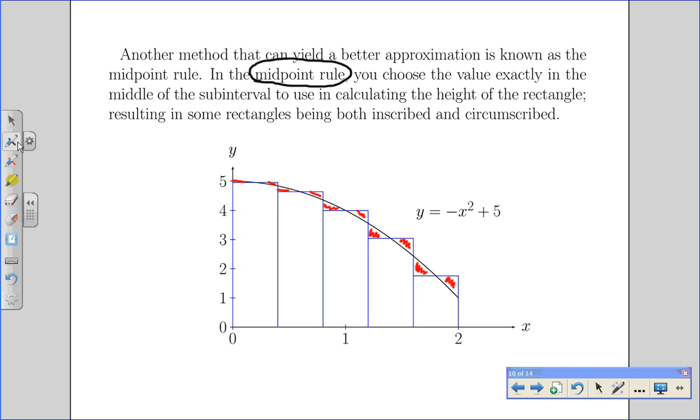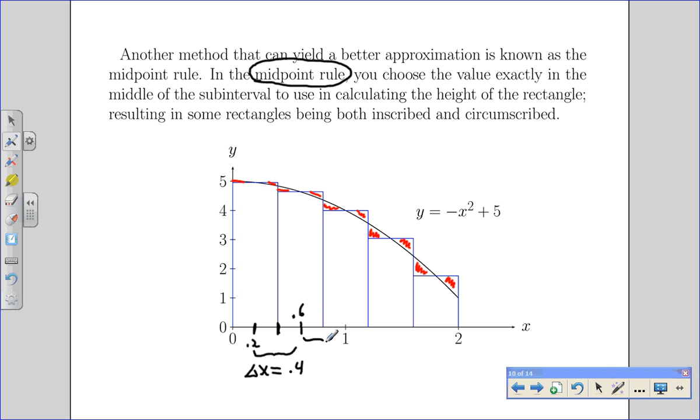The trick here is finding the midpoint. So if my endpoint is 0.4, then the midpoint is halfway between 0 and 0.4, which is 0.2. Now, the width of each of these intervals is going to be the same. So if I go to the next midpoint, I find here 0.6, and delta x is still 0.4.